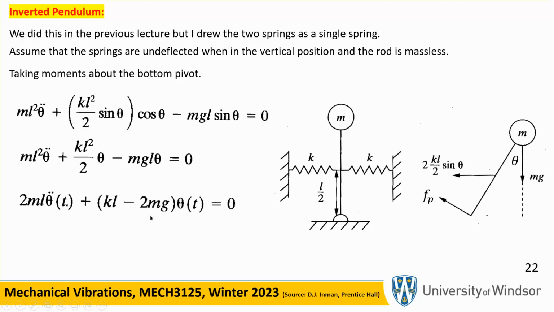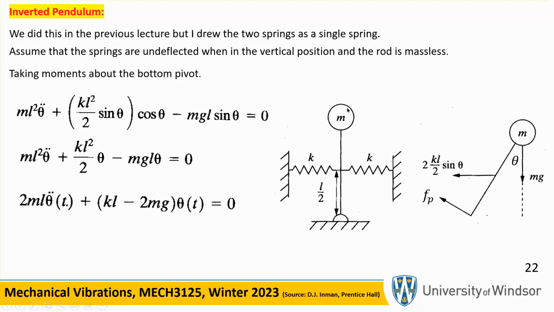Notice that this is the effective spring constant. This is the effective mass. This is the effective spring constant. For a certain combination of K, L, M, and G, this may become negative, and that's where you have an unstable solution.